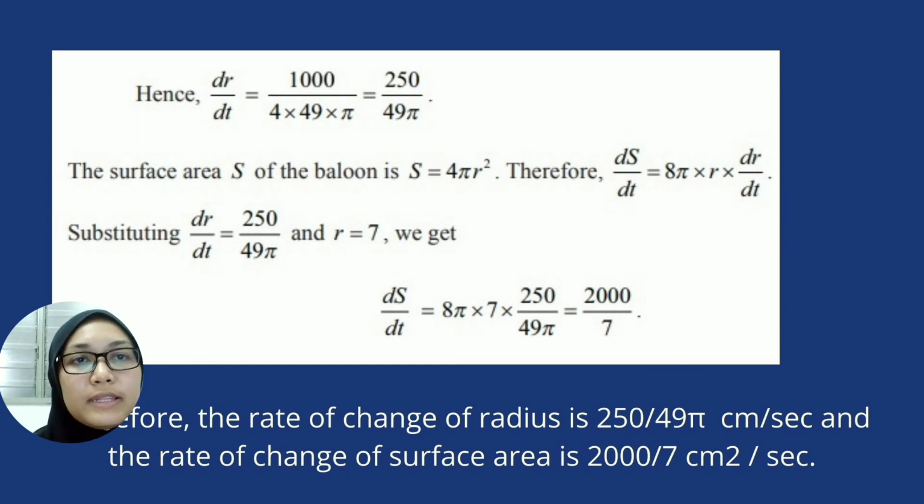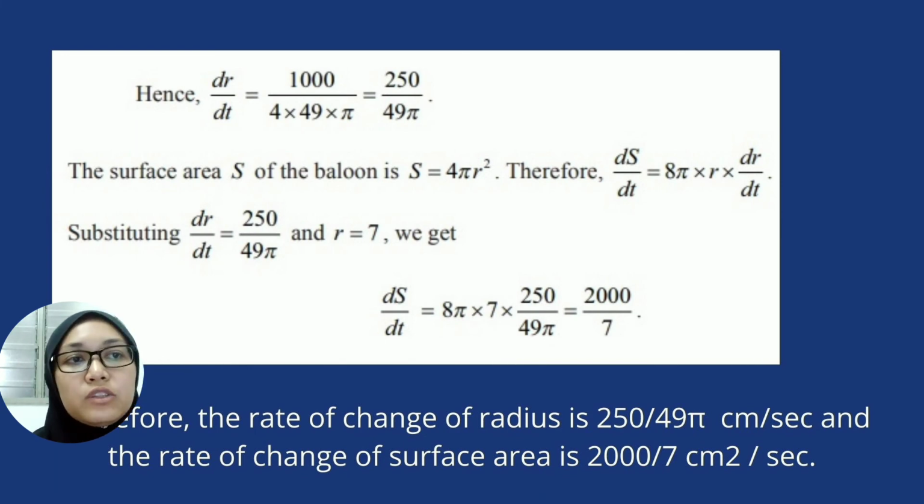So substitute dr over dt is 250 over 49 pi, and r is 7, we get dS over dt is 8 pi times 7 times 250 over 49 pi, equal to 2000 over 7.